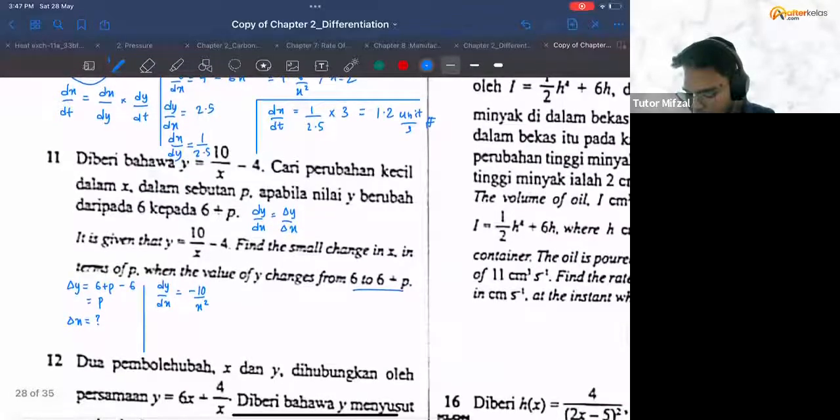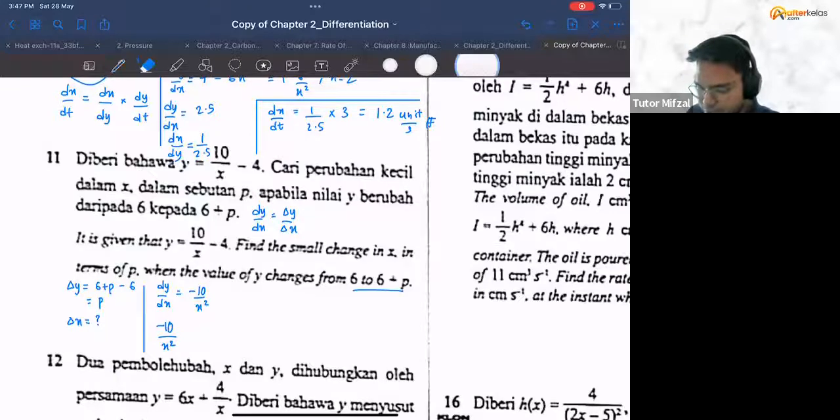But right now we don't have any value for x. Our problem right now is we need to substitute the value of x, right? But we don't have the old x.